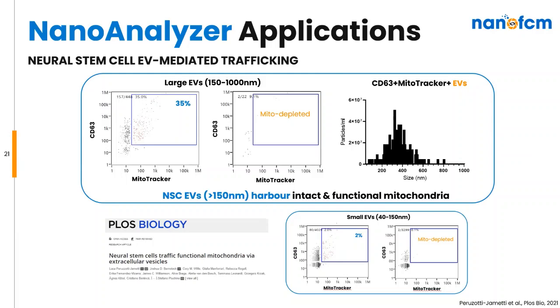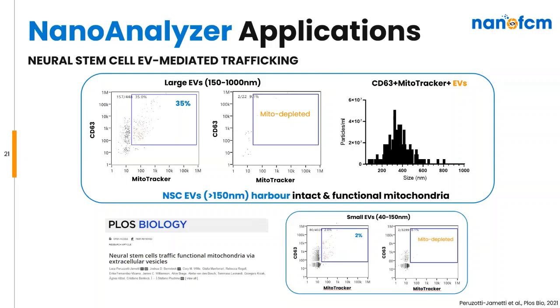So here, dual staining was used to identify whether these EVs actually harbored mitochondria. So CD63 was used as a general EV marker, and MitoTracker Red was used to label any mitochondria present. So the authors found that among the total EV population, around 35% of EVs sized between 150 to 800 nanometers were positive for MitoTracker Red, whilst only a small percentage of the smaller EVs sized between 40 and 150 nanometers were positive for this MitoTracker Red.